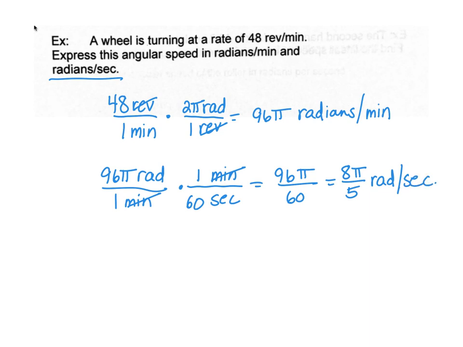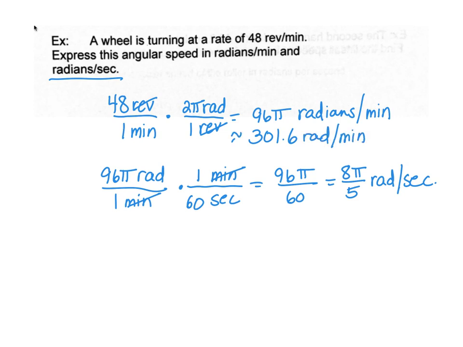And again, both of these are exact answers. If I want an approximate answer, I just multiply through in my calculator. So when I look at the 96 pi, I would just multiply 96 by pi, and that is 301.6 radians per minute.